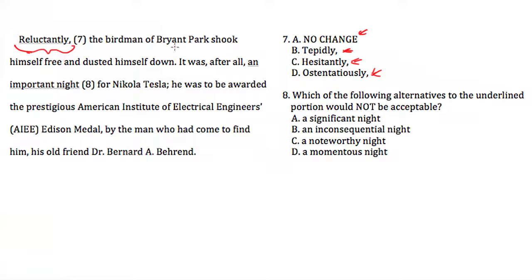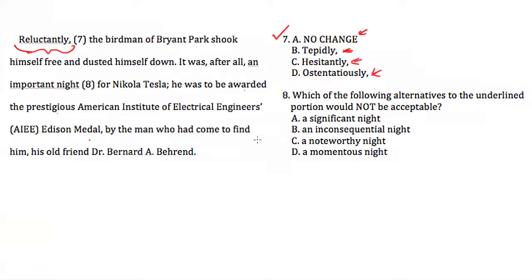So Nikola Tesla is the Birdman, and apparently the birds like him, and he likes the birds. But he's not going to be feeding the birds for long today because he's leaving. It's an important night, and he's going to be awarded a prestigious medal. So while he likes feeding the birds, he can't do it today. So reluctantly seems like it's probably the right answer, but we should always check the others.